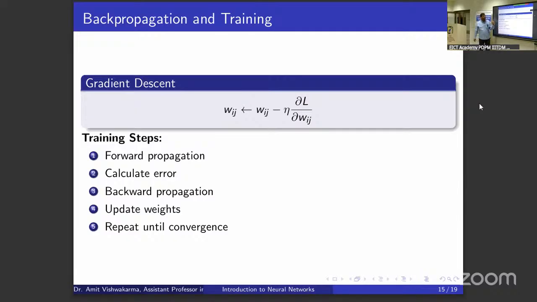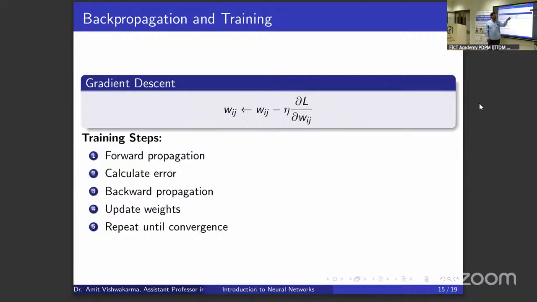Now in which case will the updation of W be almost negligible? When this particular value is almost 0, close to 0, correct?